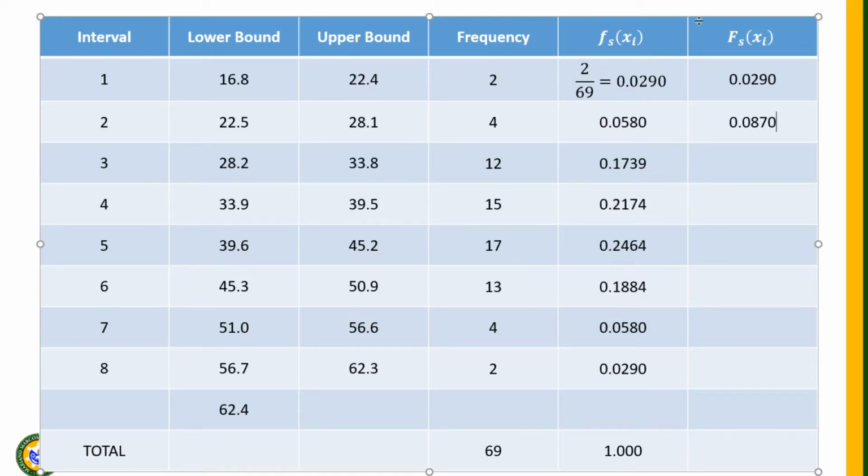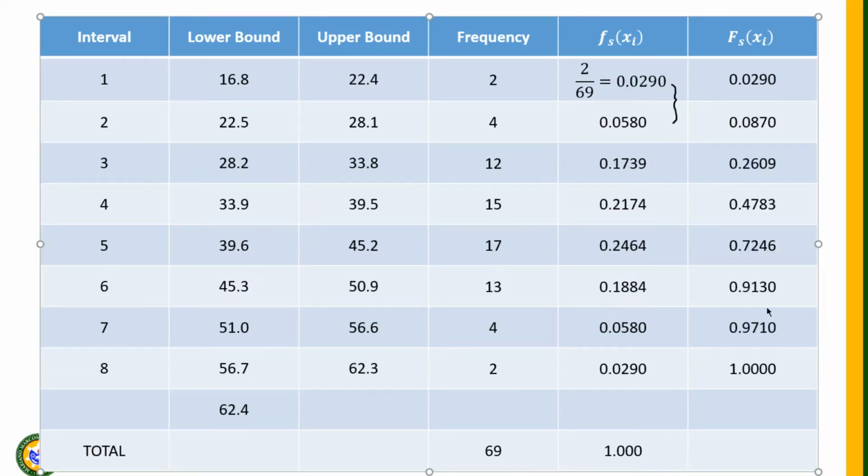This cell is the sum of these two, to come up with 0.0870. For the third, this is now the sum of the three. The fourth is the sum of the first four, and so on. In the end, for the last one, we get the sum of the previous relative frequencies up to that point.